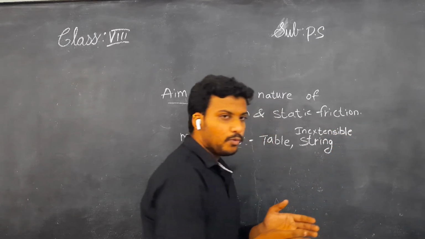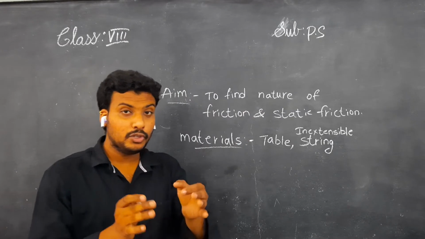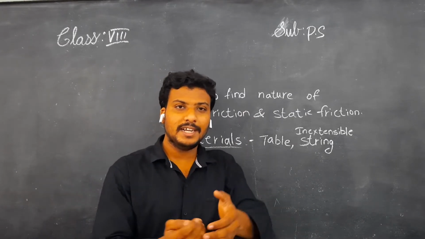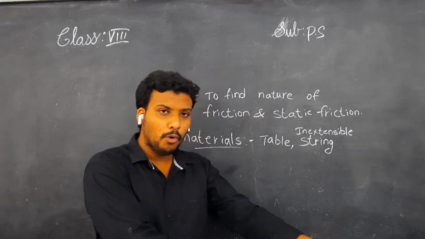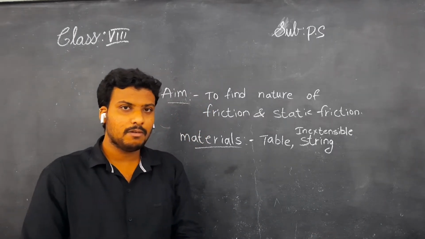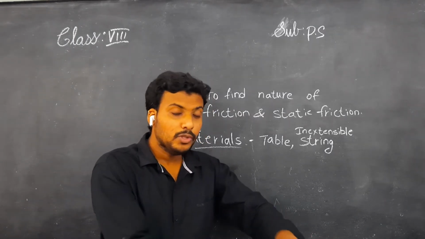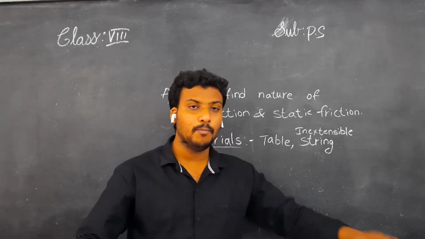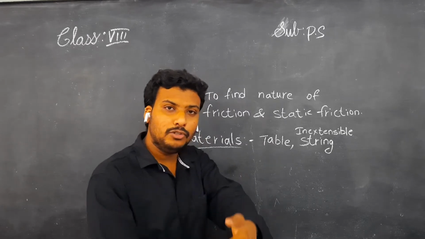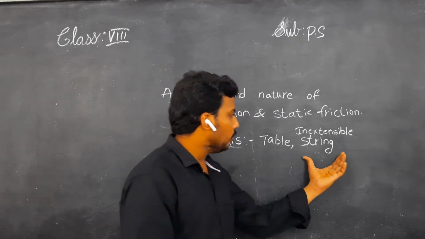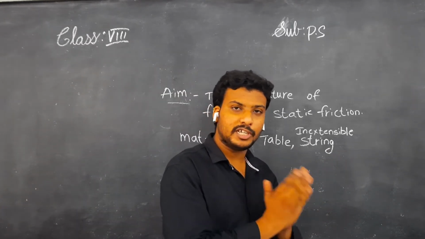The string which you are taking should not be extended. Generally we see some of the threads or strings, when we hold and pluck like that, what will happen? Due to the elastic nature, they extend more. But here in this activity, you need to take only inextensible string, children.